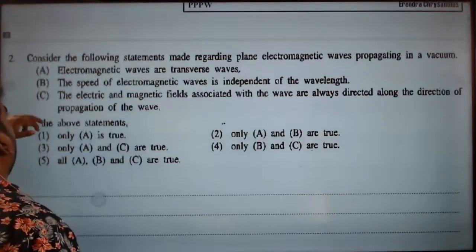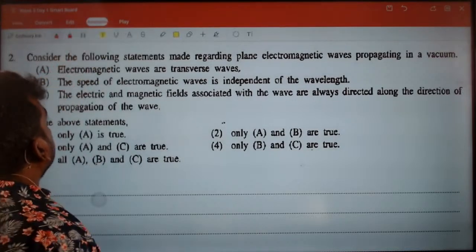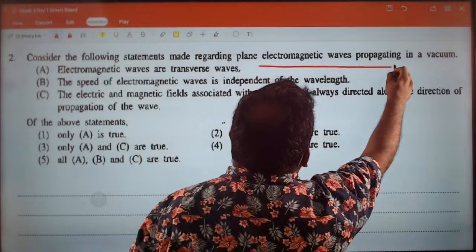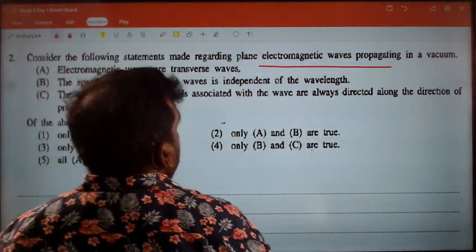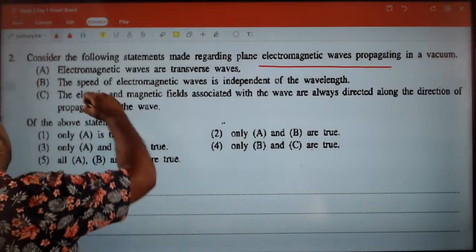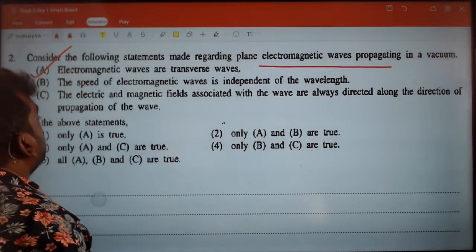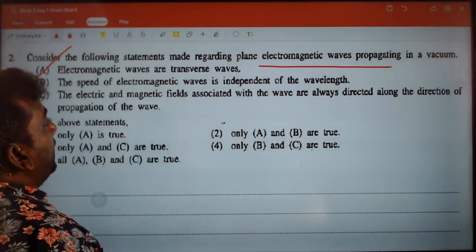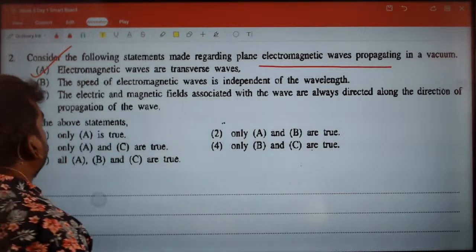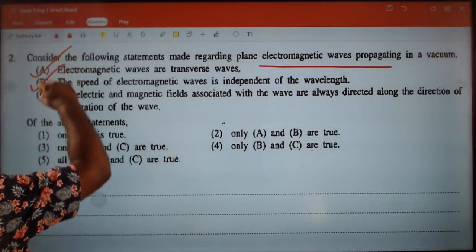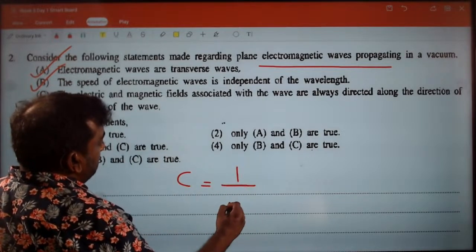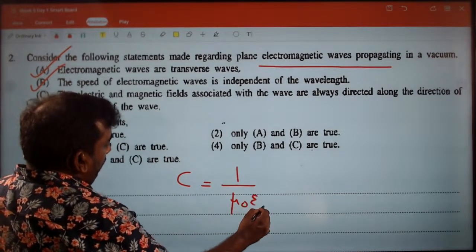Moving on. Consider the following statements made regarding electromagnetic waves propagating in a vacuum. Electromagnetic waves are transverse waves, correct. Speed of an electromagnetic wave is independent of the wavelength, correct. Remember, speed of an electromagnetic wave depends on 1 over the square root of mu naught epsilon naught.